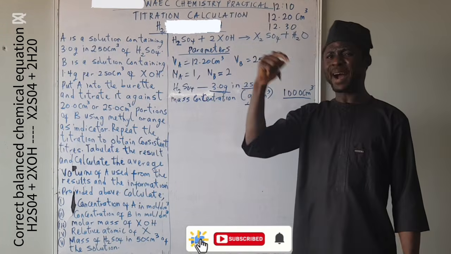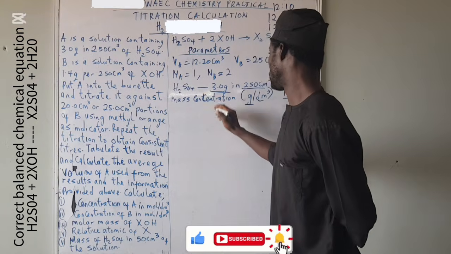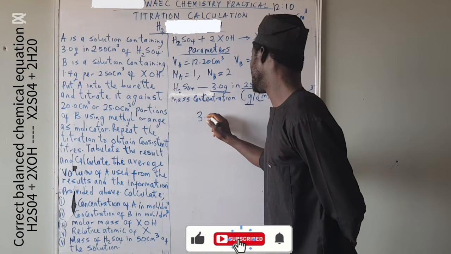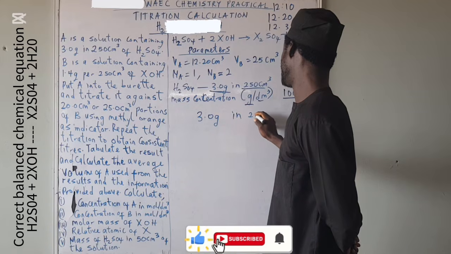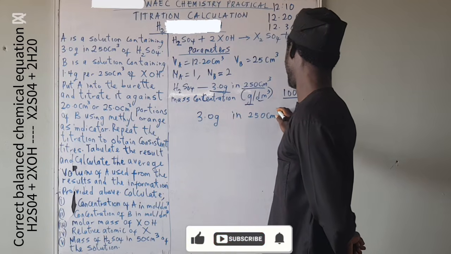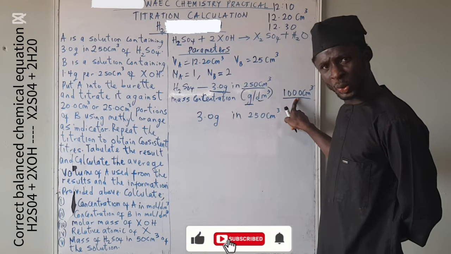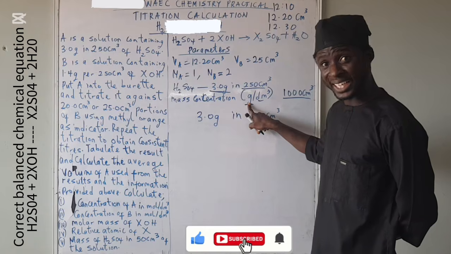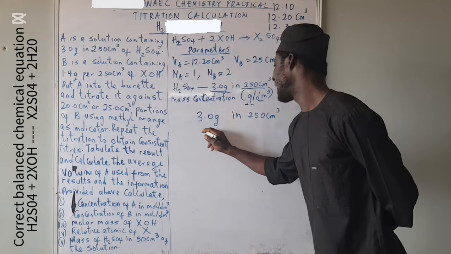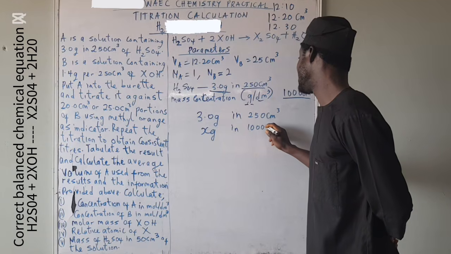So you have to find your mass concentration out. So let's find our mass concentration. Since we know that they dissolve 3.0 gram in 250 cm3, what are we looking for? How much mass will be in 1000 cm3? That will give us our mass concentration based on the unit of mass concentration.